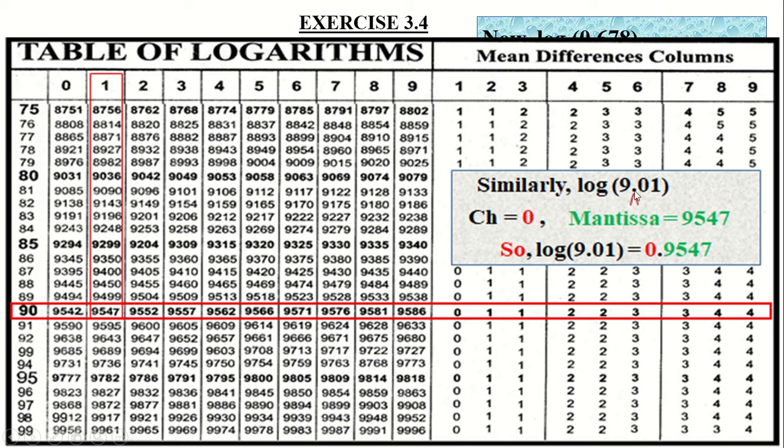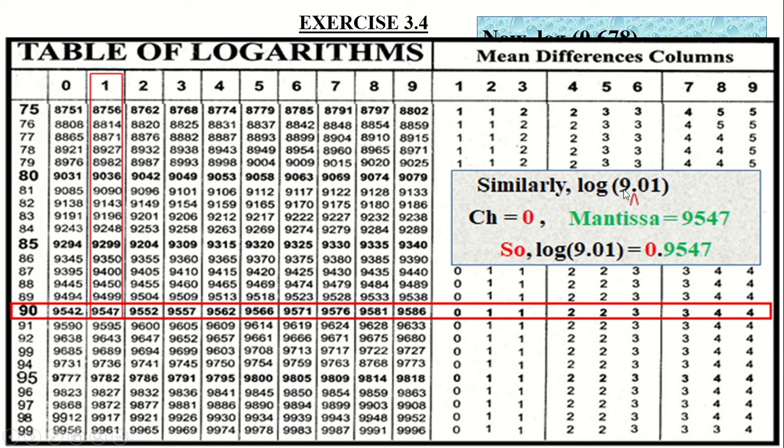Now consider 90, first two significant figures, third one in one of these columns, this is 1, the value is 9547. Mantissa is 9547.